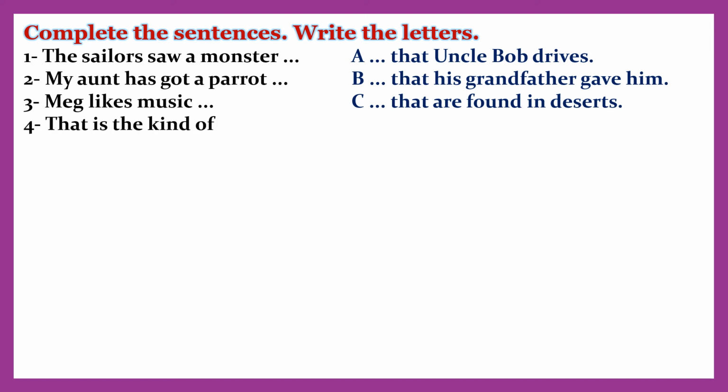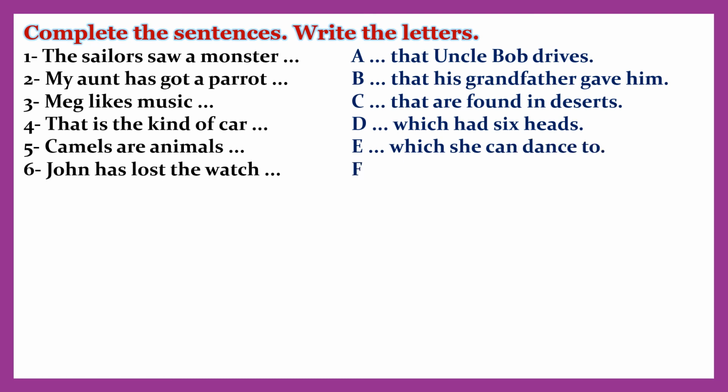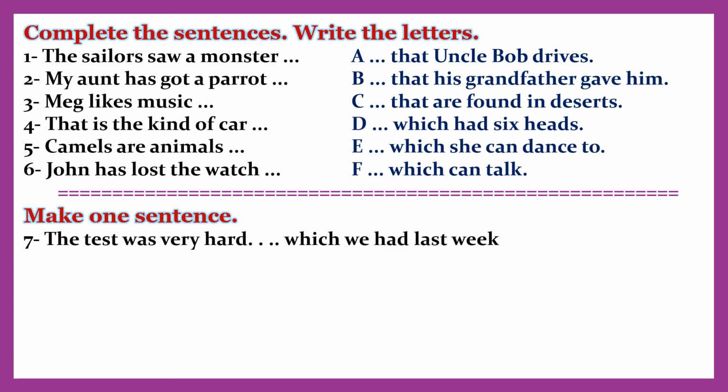C. That are found in deserts. 4. That is the kind of car. D. Which had 6 heads. 5. Camels are animals. E. Which she can dance to. 6. John has lost the watch. F. Which can talk.